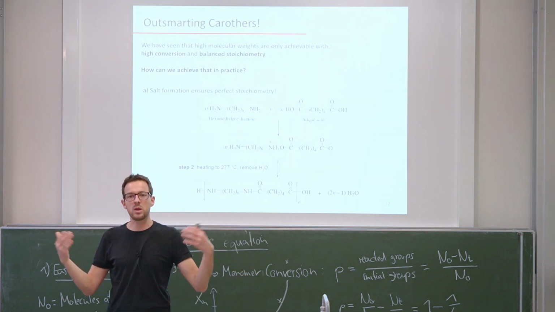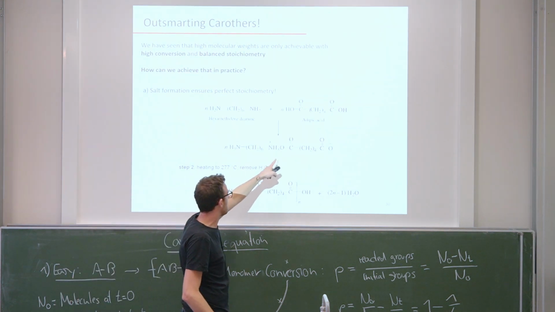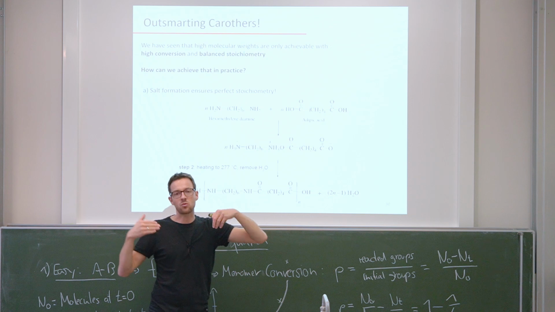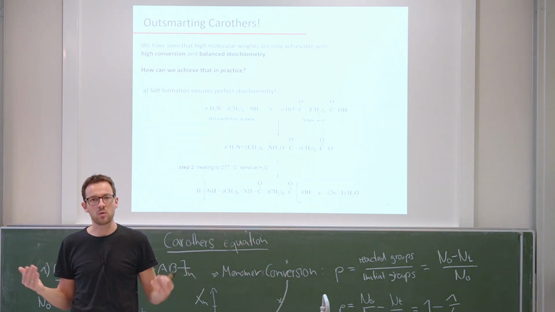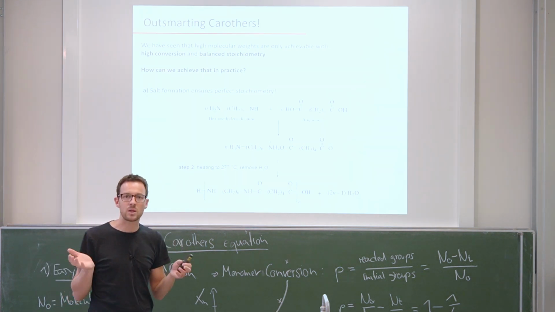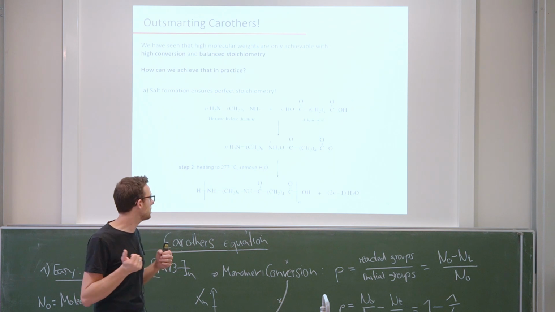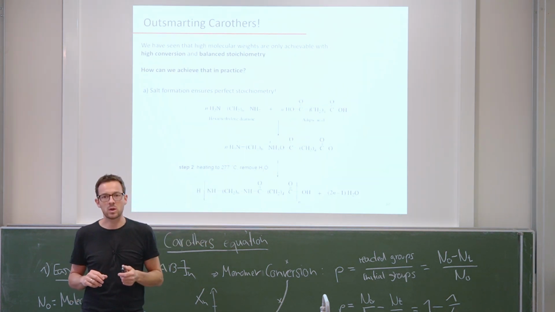And then you slowly evaporate the water, and that means that eventually, because they electrostatically attract each other, you start to form a crystal. In a crystal, you always have the same amounts of positive and negative charges. That means you automatically, by the very definition of a crystal formation, get perfect stoichiometry.